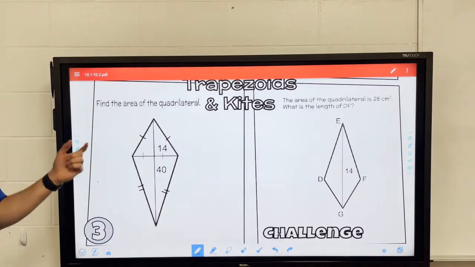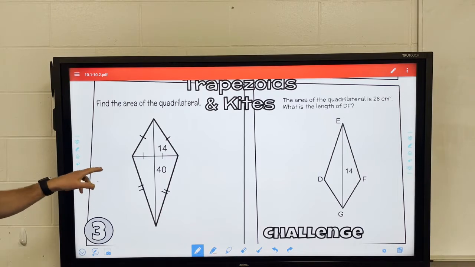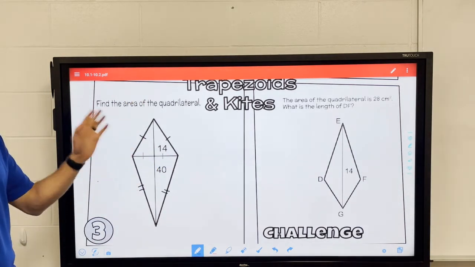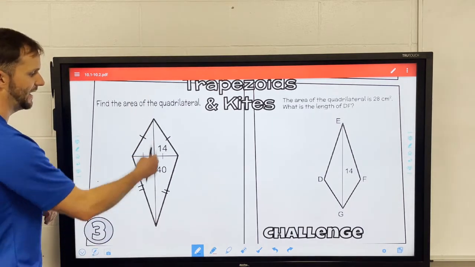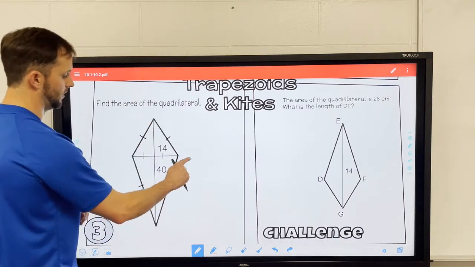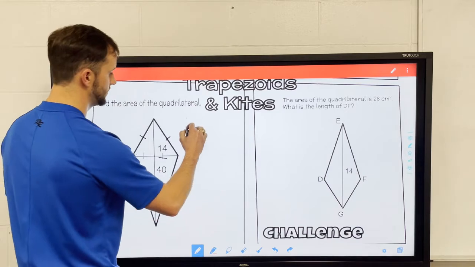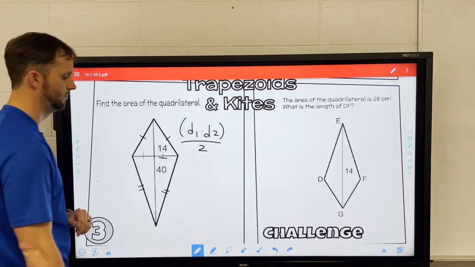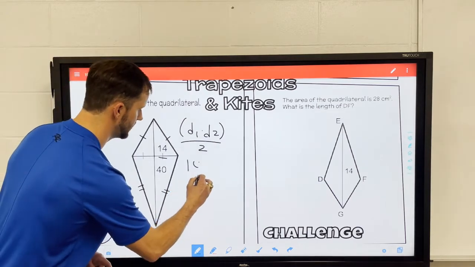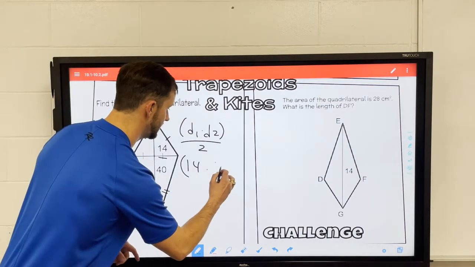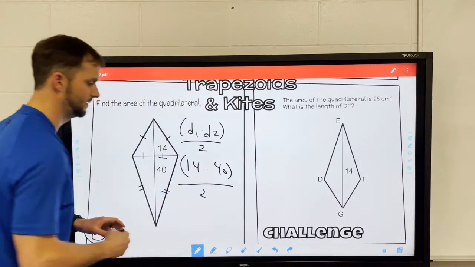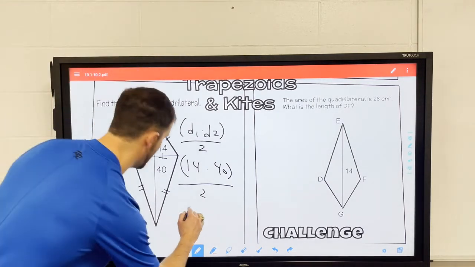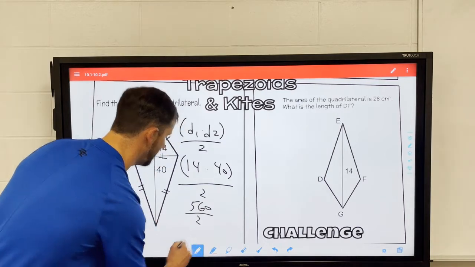If I want to find the area of a kite, which is shown here, I'm going to take diagonal 1, multiply by diagonal 2, and then divide the whole thing by 2. So this whole diagonal right now is going to be 14. Actually, no, this whole diagonal right here is going to be 14. So diagonal 1 is 14, diagonal 2 is 40, and I'm going to divide that whole thing by 2. 14 times 40 gives you 560, and then I'm going to divide that by 2.